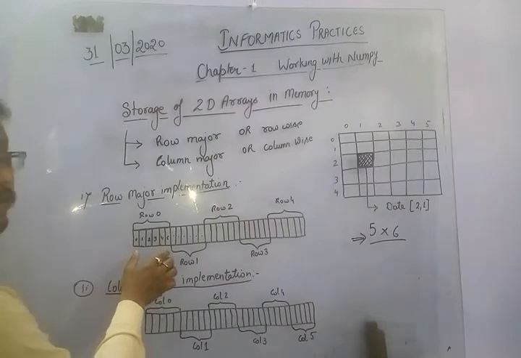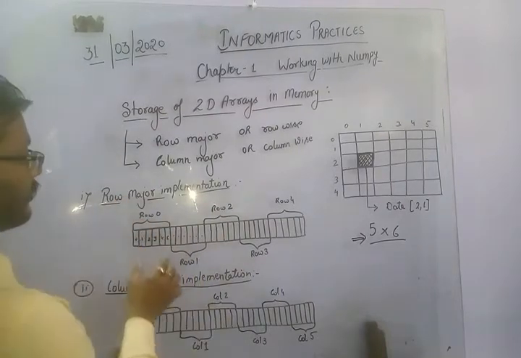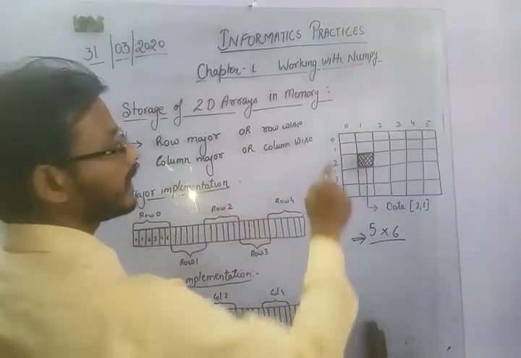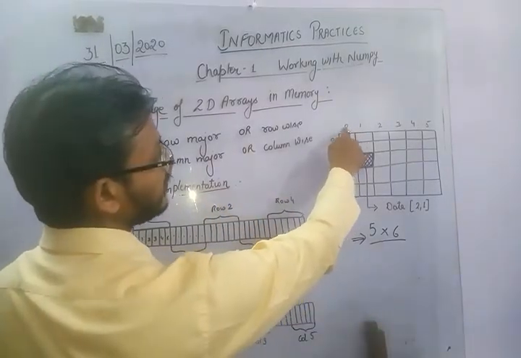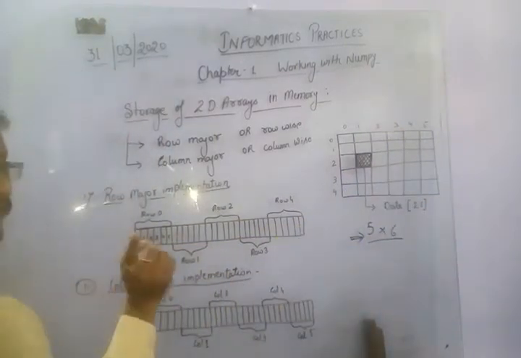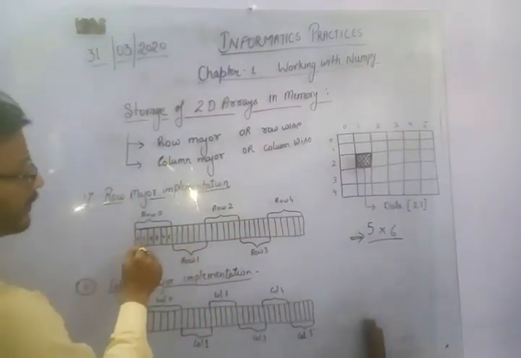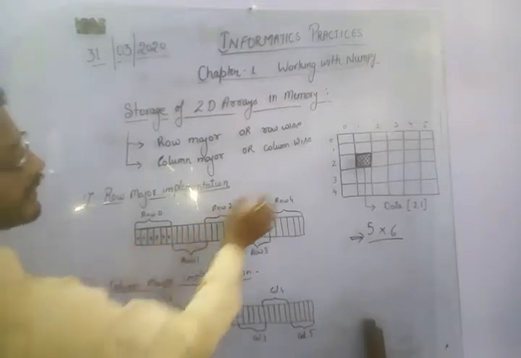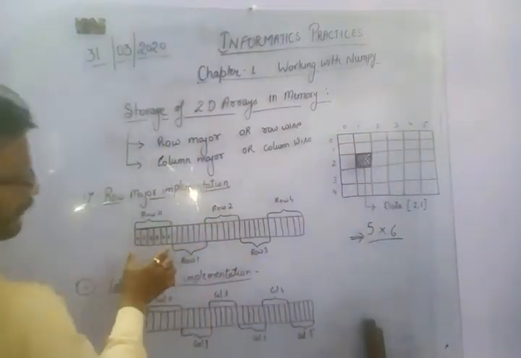Here we have taken row 0. Row 0 has 6 columns and the index values start from 0 to 5. So the first index of the column is 0, then 1, 2, 3, 4 and 5. So here we have taken the first row.